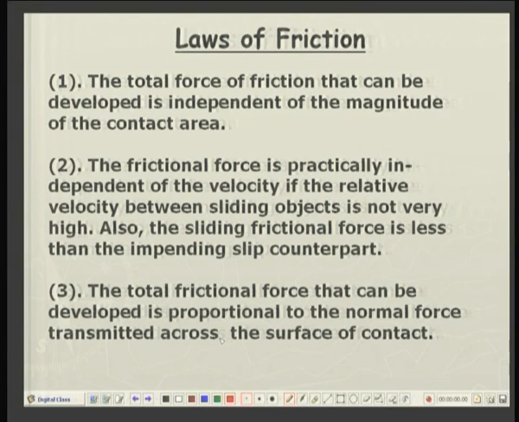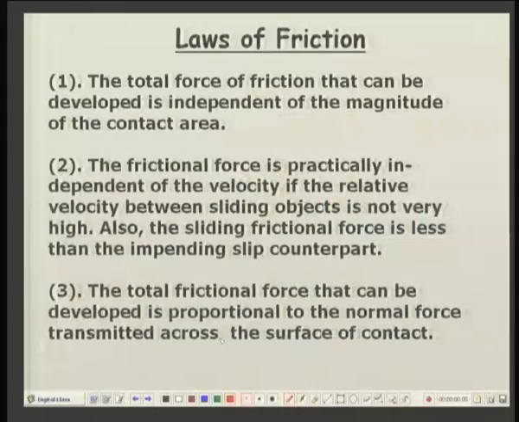Number 2, the frictional force is practically independent of the velocity, if the relative velocity between the sliding bodies is not very high. Unless it is very high, then there is some dependence on the magnitude of the velocity. For moderate velocities, the force of friction is independent of the magnitude. Also, the sliding friction force is less than the impending slip condition force, as we have already seen, because Fd is less than Fs.